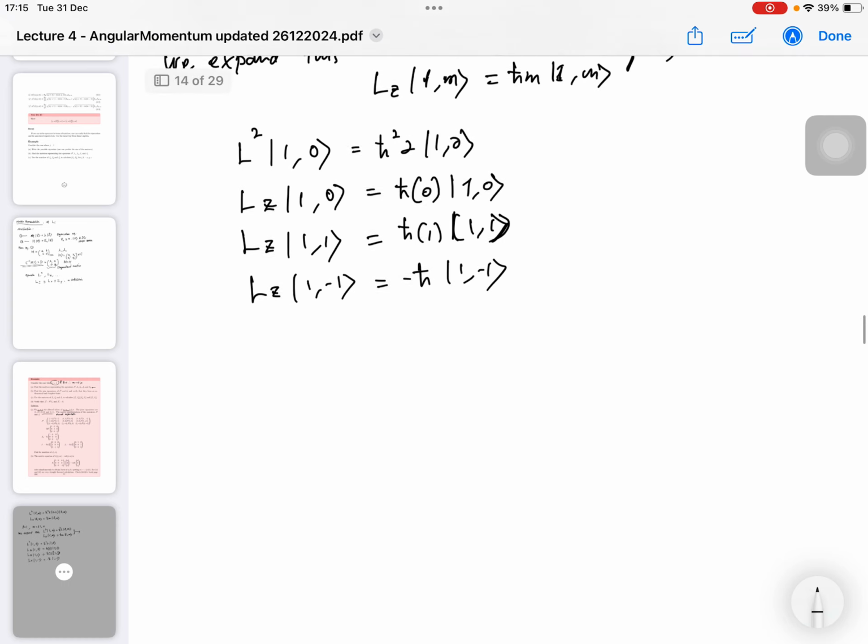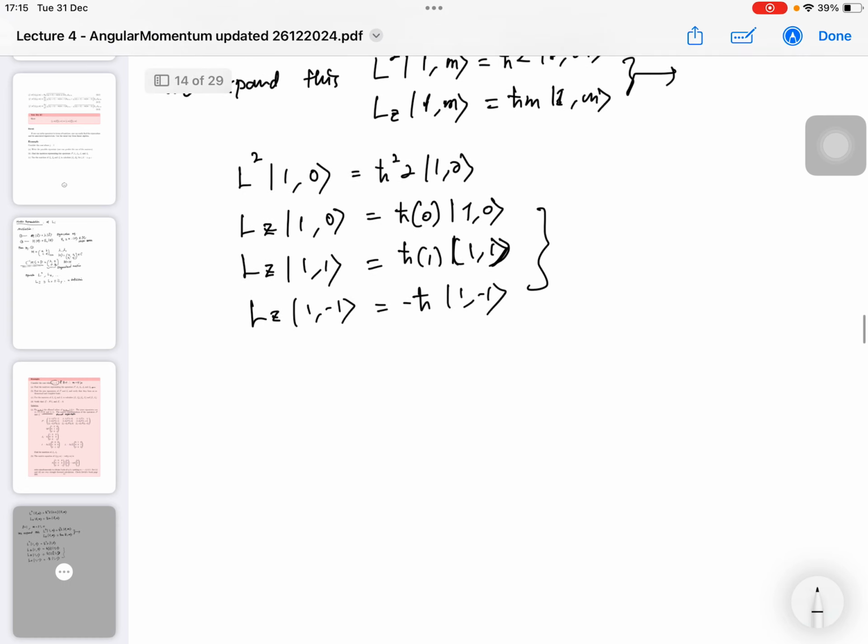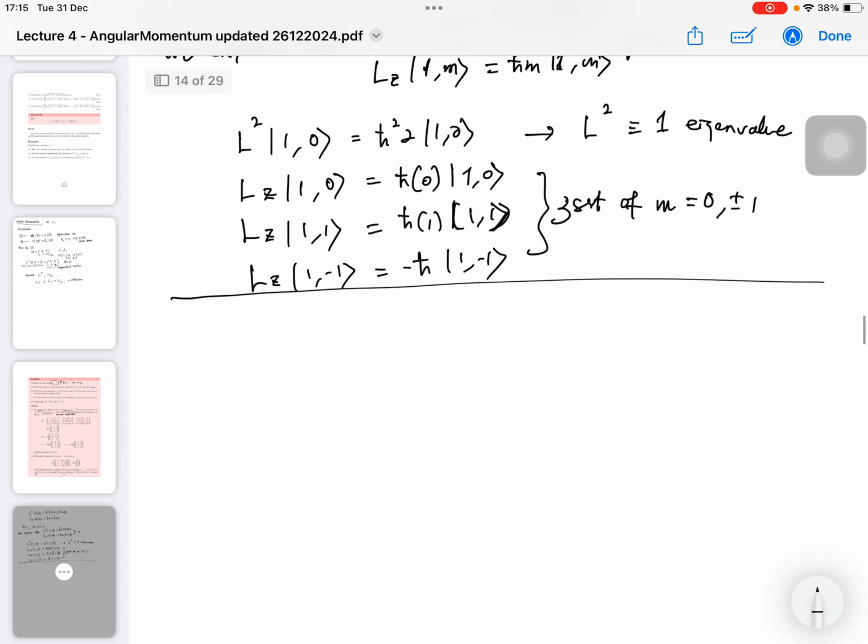You see you have 3 values of M, but with respect to L square you only have 1 eigenvalue. So how do you make it into a matrix? For l equals 1 with 3 values of m, you have 3 by 3 matrices.